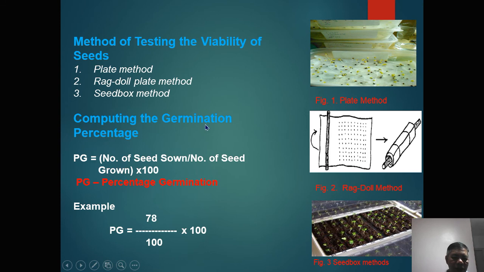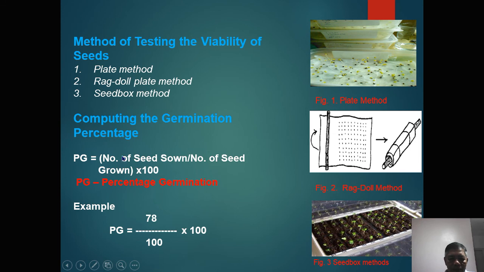And we have here the computation of germination percentage. This is the formula. Percentage germination (PG) is equal to the number of seeds grown divided by the number of seeds sown, times 100.